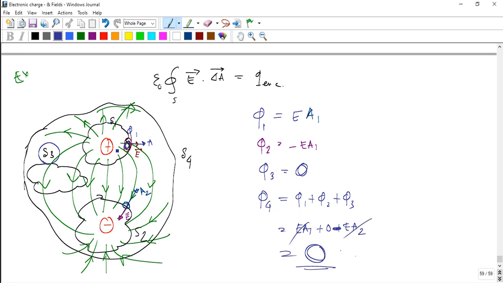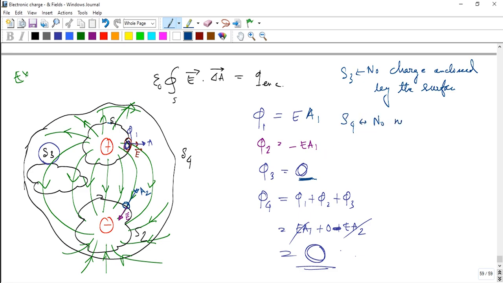Here there is a positive charge and a negative charge, so the net charge enclosed by the S4 surface is 0. So no charge is enclosed by surface S3, and for S4 no net charge is enclosed by the surface.